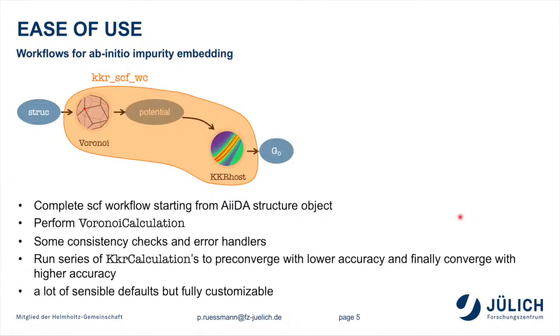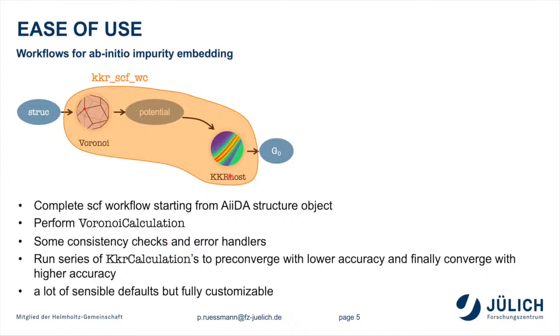So let's take a closer look at the KKR SCF workchain, which takes just a simple structure and some settings as inputs and then converges the system. So internally, you perform a Voronoi calculation. There are some consistency checks and error handlers implemented that take care of common mistakes.